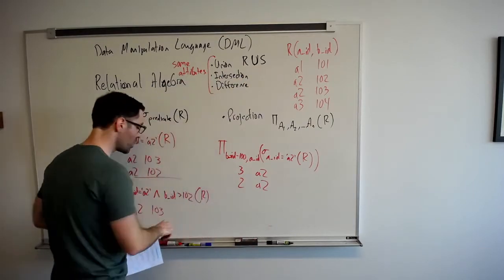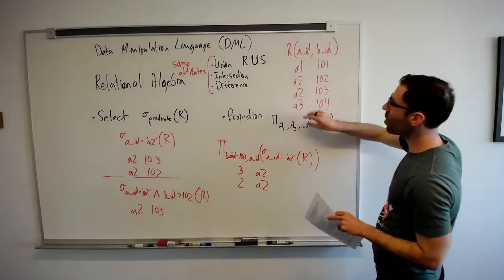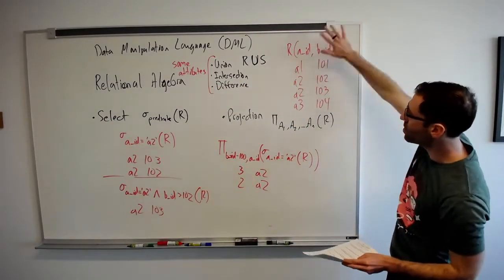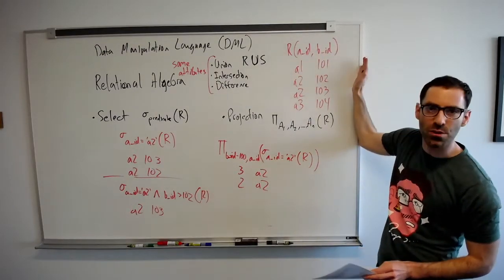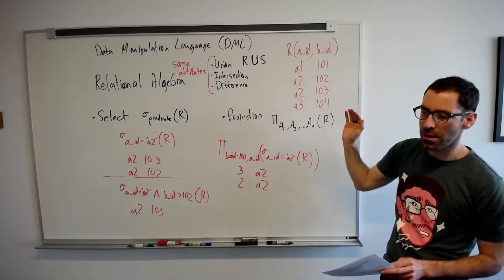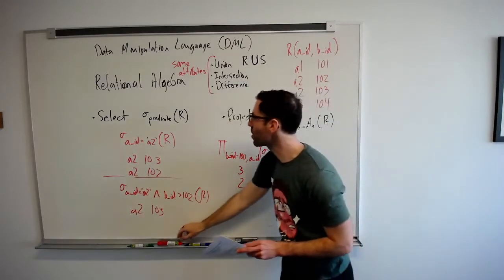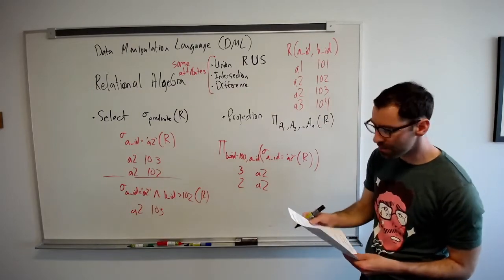In our relational model, if we want to take all the tuples from R and all the tuples from some other relation S and combine them together, they need to have all the same attributes. Otherwise, it's not a valid relation. It's not grammatical from a relational model perspective.